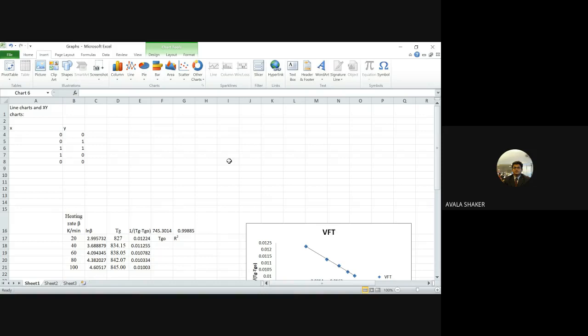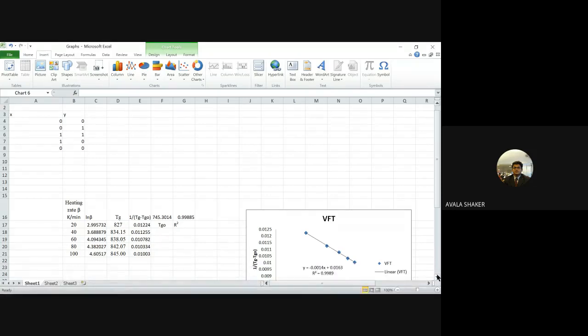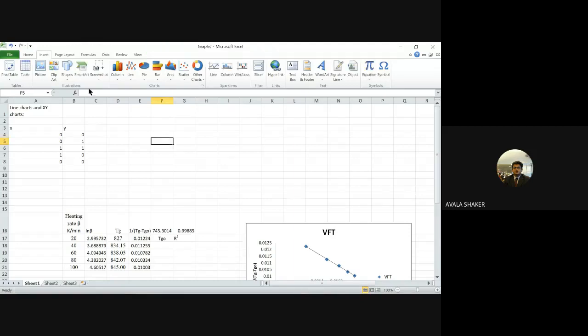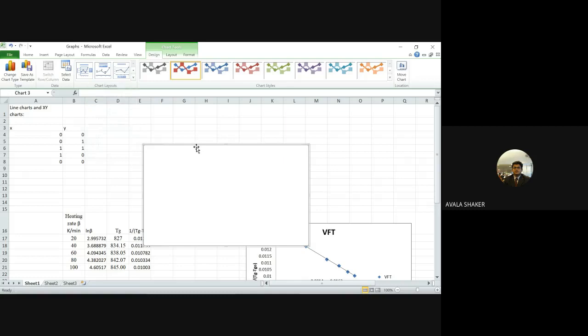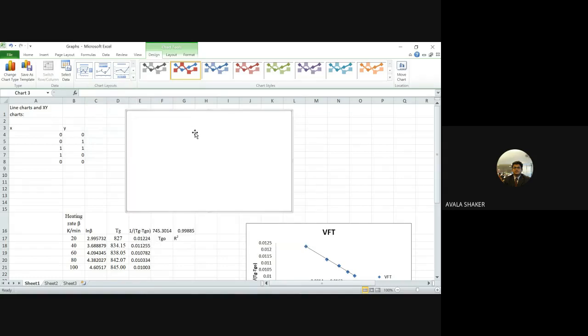There you go. So let us take a blank graph. This is a line which I am saying.